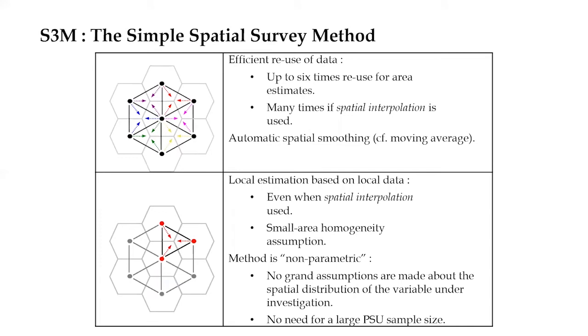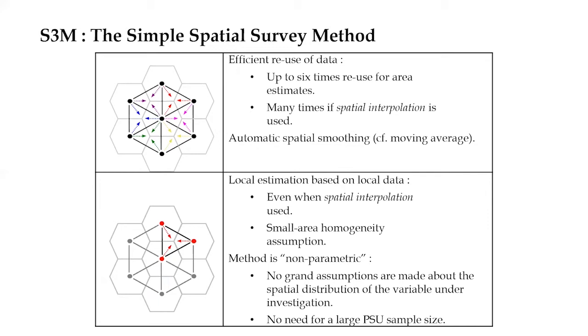Now, also it provides an efficient reuse of the data. So we can have up to 6 times reuse for some estimates. In the diagram on the top left square of the table, we can see that the very central point is reused 6 times.